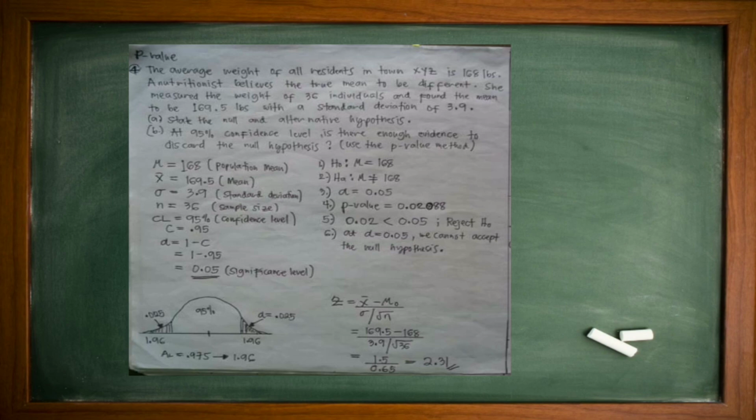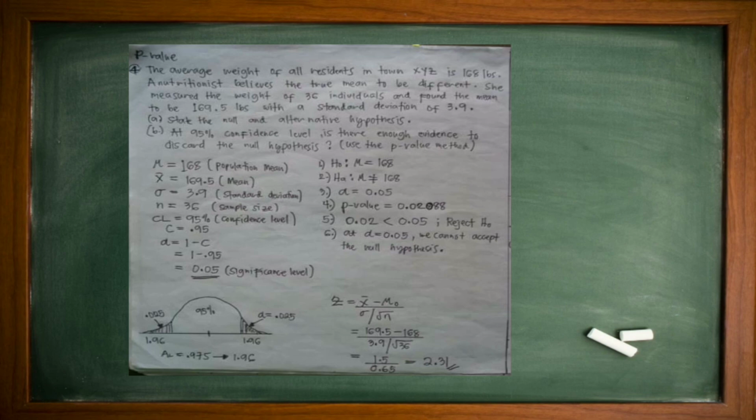So we have the mean 169.5 minus the population mean, which is 168, okay, over the standard deviation, which is 3.9, divided by the square root of the sample size, 36.